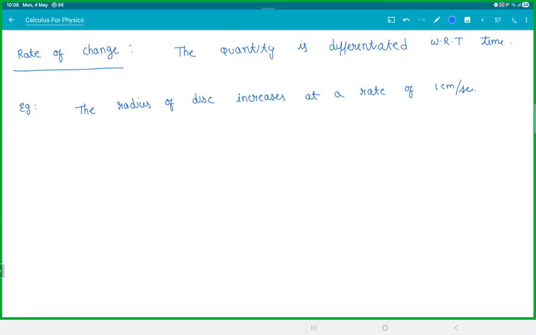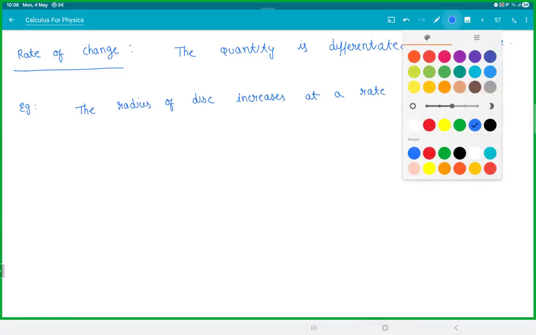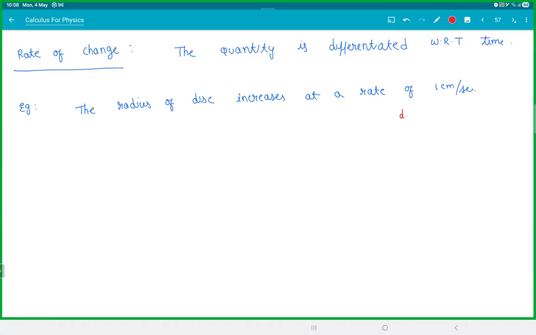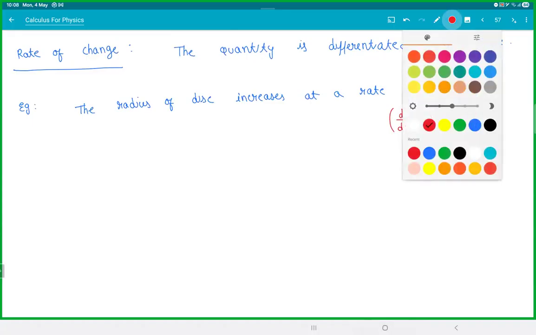So the meaning of this statement, right? Indirectly, he's telling you dr by dt is 1 centimeter per second. That is the verbal way of saying the radius is increasing at a rate of 1 centimeter per second.